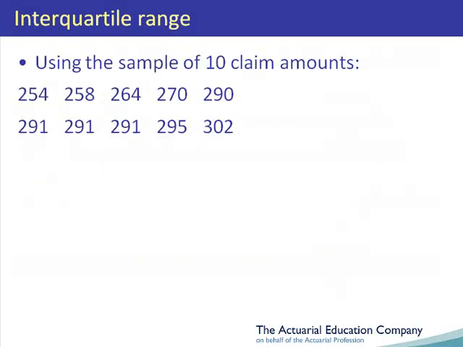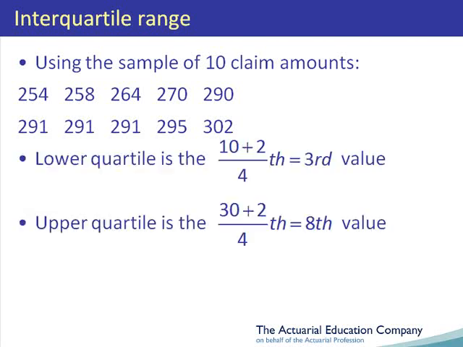Let's calculate these statistics for the sample of 10 claim amounts that we saw previously. The lower quartile will be the (10+2)/4th value, that is, the third sample value. The upper quartile will be the (30+2)/4th sample value, that is, the 8th value.